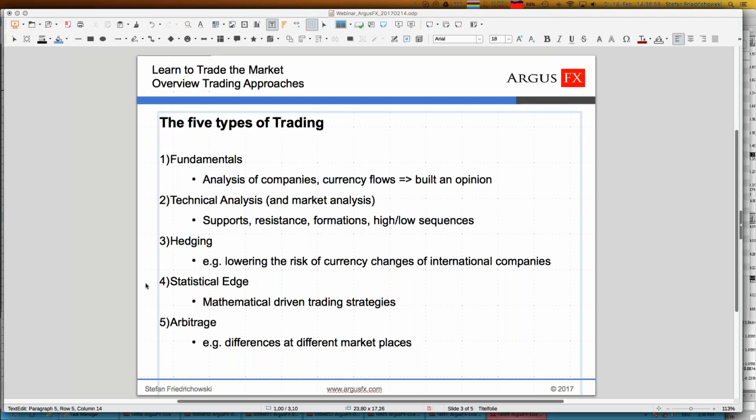How to derive those things, that is part of my other webinar series, always on Thursday. So if you want to learn about that specific topic, how to set up and how to calculate those statistical edges, that is part of the other webinar. So I will just use the outcome of those trading setups to present them within that webinar series.